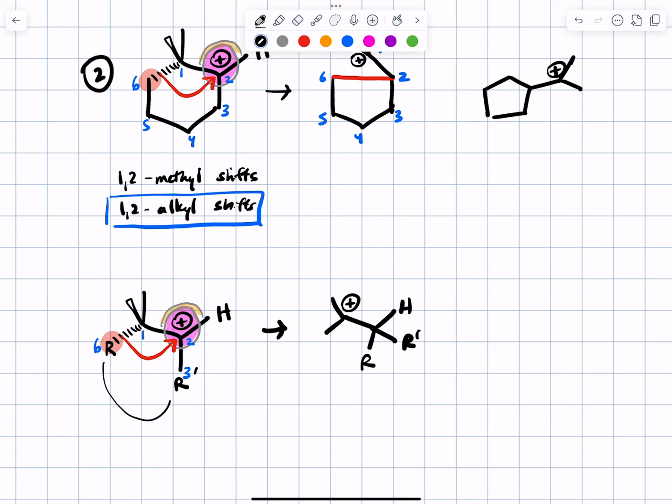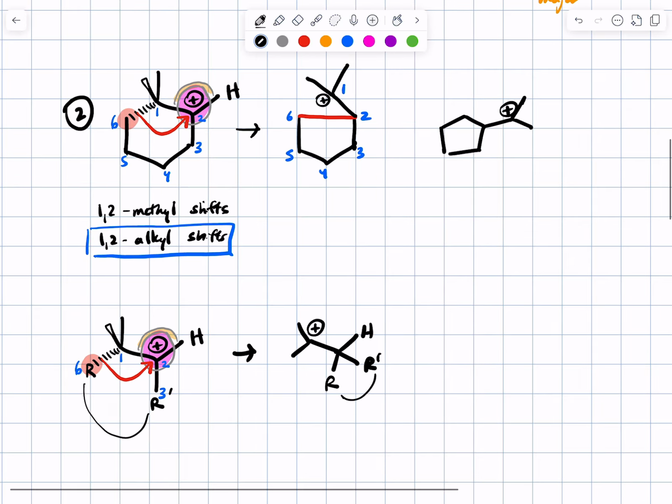It's just that these two happen to be attached to each other, and that's where the ring comes from. So if you have a hard time visualizing that, abbreviating things might be the right thing to do.